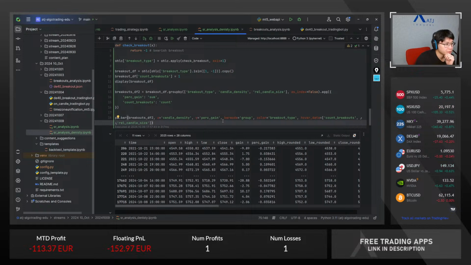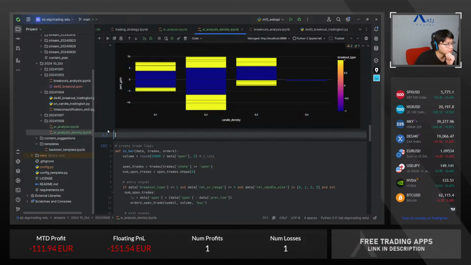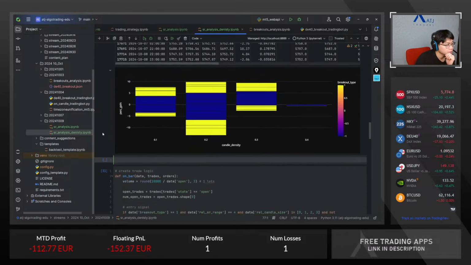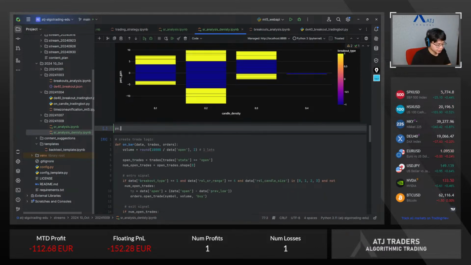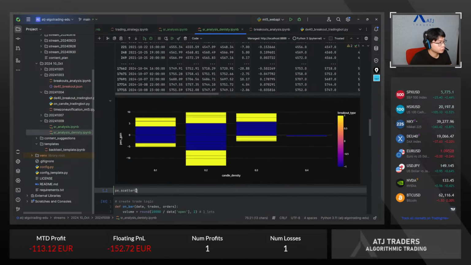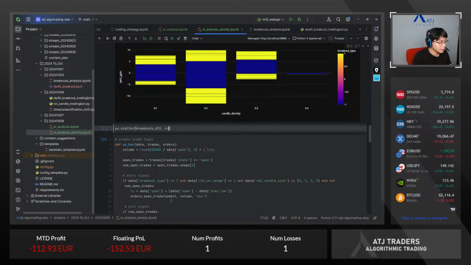Because we have so many parameters, maybe we should start making a scatter plot. So I will do a px.scatter. We add this data frame. So x is going to be our candle density.